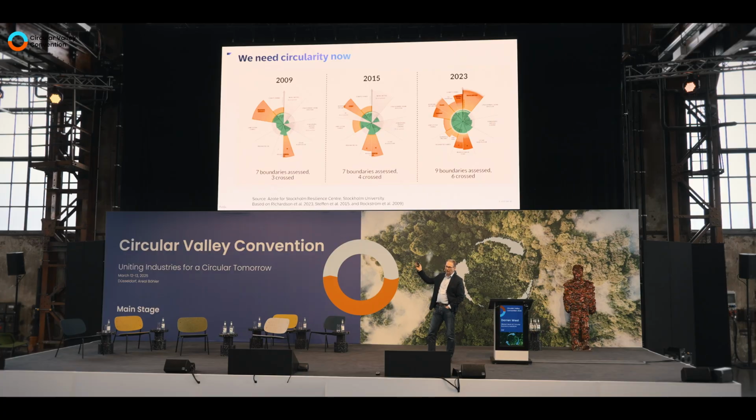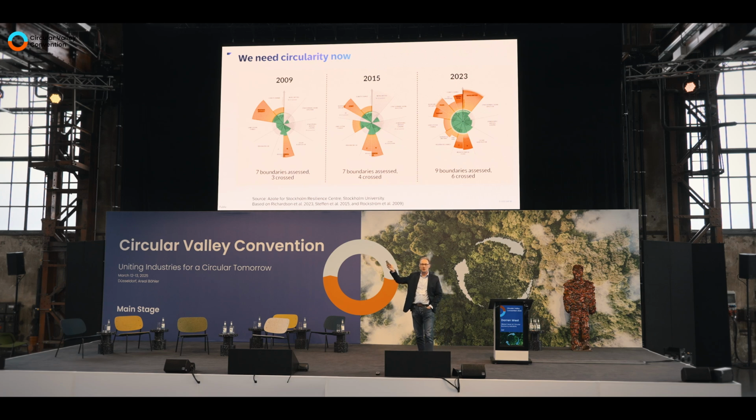Anyway, why do we need to crack on with circularity? I'm going to get a little bit serious with you now. Because it's inevitable. If you look at this slide, you can see that in only 14 years, we've gone from only breaking through a few planetary boundaries, where the safe zone is the green here, to breaking through 9 planetary boundaries.